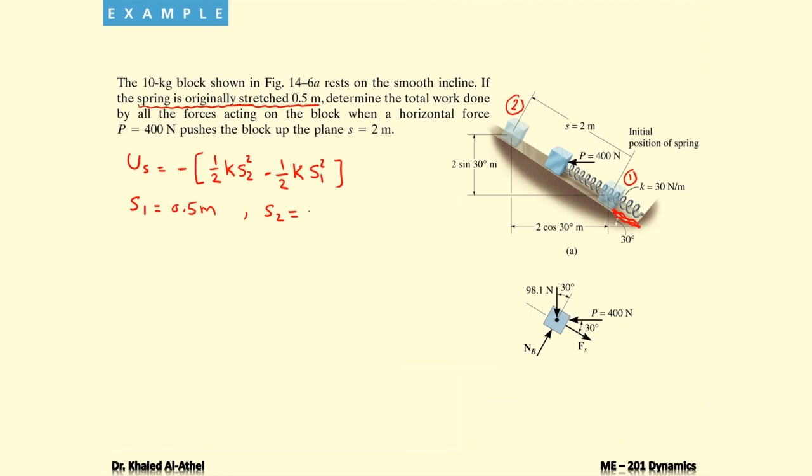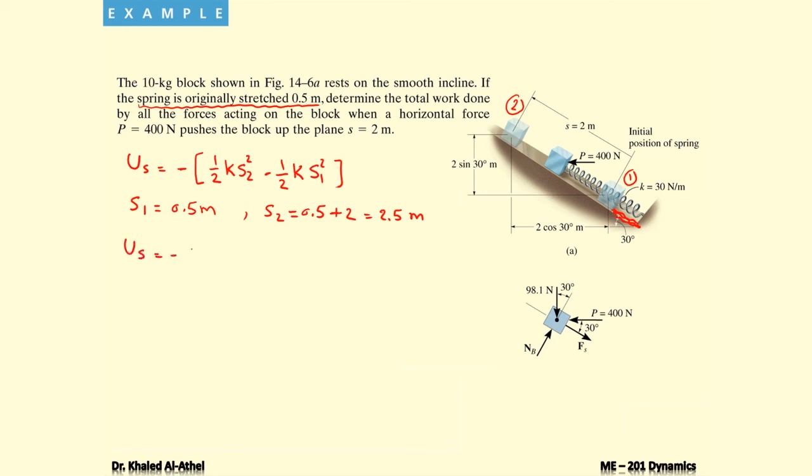So it's going to be 0.5 plus 2, which equals 2.5 meters. Now, if it was originally compressed 0.5 and you pulled it 2 meters, it's going to be 2 minus 0.5 in that case.